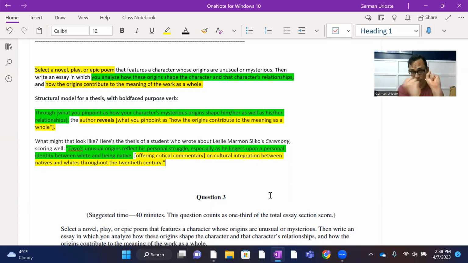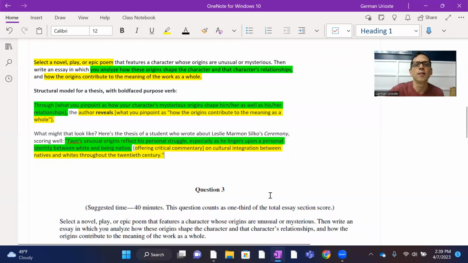And you don't stop there. That's just the character piece. You connect that to a claim, the way in which that struggle of being trapped between being white and being native suggests these issues of cultural integration between natives and whites throughout the 20th century. There's that thematic claim, the meaning of the work as a whole piece.